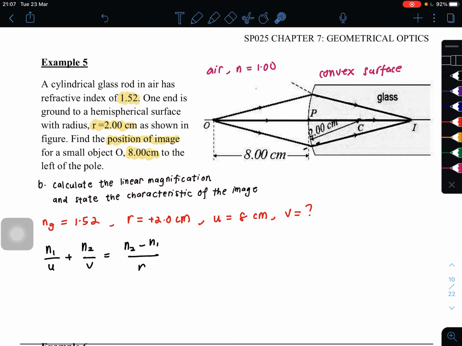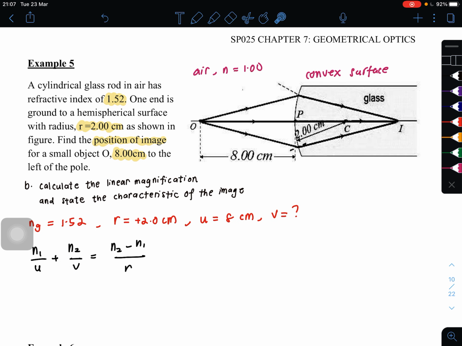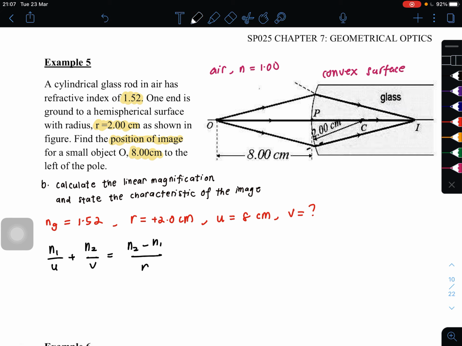And then image, kita tahu v adalah the distance of the image, which is dia diletak di medium n2, di mana medium image ni adalah dekat dalam glass. So maksudnya dekat sini n1 would be the air, n2 would be the glass.